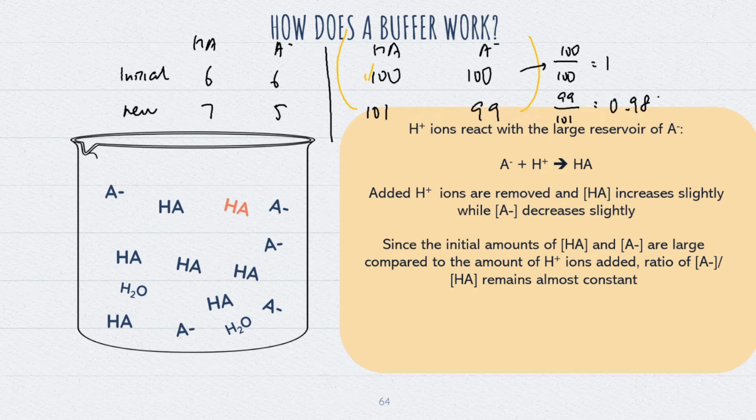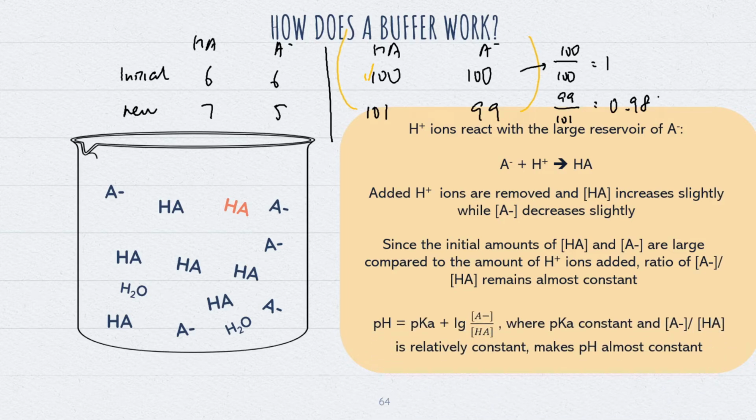So what impact does it have on the pH change? Once again, we have to bring out our pH equation for buffer solution, which is pH equals pKa plus log of your ratio here.